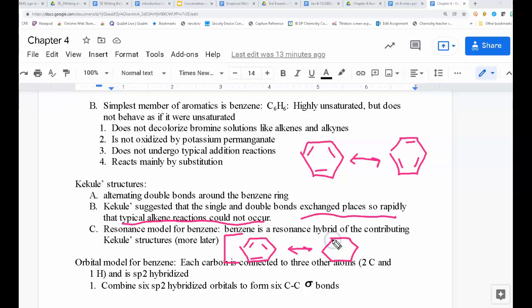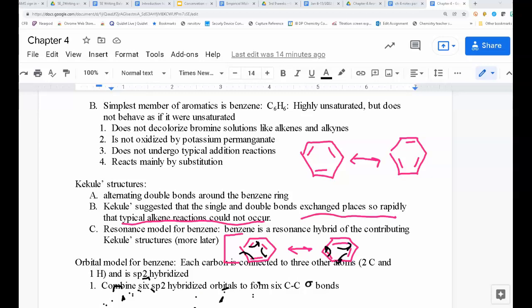Much better. And we would switch its places to here, here, and here. What's really happening is, and I'm going to change colors so you can see, that this double bond switches over here, and this one switches here, and this one switches here. And then this one is switching back to here, and then here, and then here.